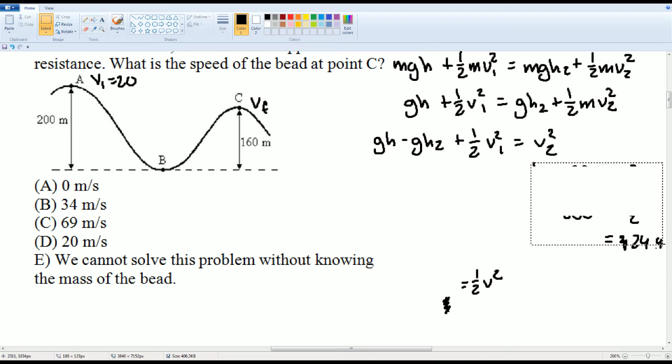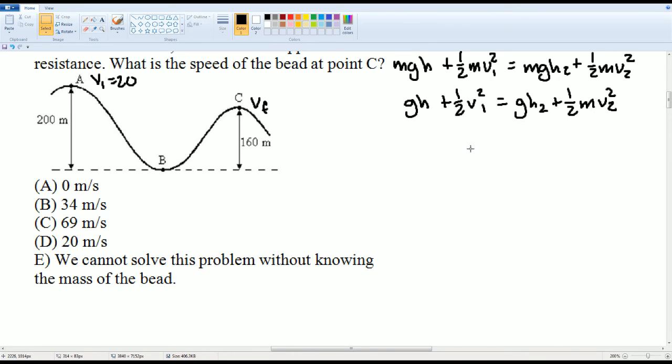I was looking over my work. Here, look. I went too fast here on the derivation. So I subtracted this over, right? I should still have this: mgh1 minus mgh2, plus 1/2 v squared 1 is equal to 1/2 v squared 2. There's no m though.